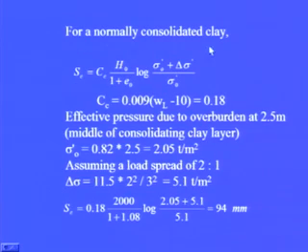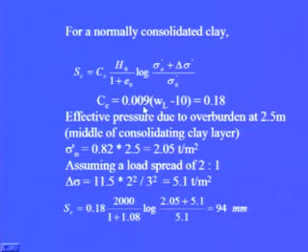Now for a normally consolidated clay, SC will be given by Cc H0 upon 1 plus E0 log to the base 10 of sigma 0 dash plus delta sigma dash divided by sigma 0 dash, where the compression index can also be determined by empirical correlation, which says that Cc equal to 0.009 WL minus 10.